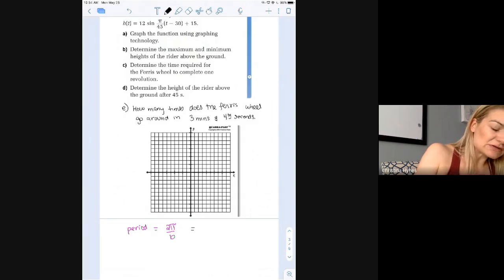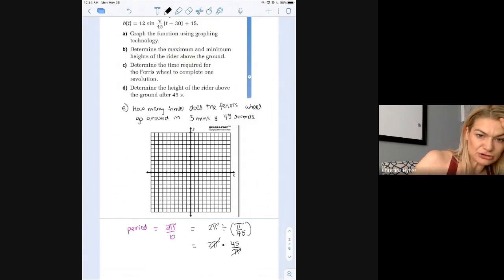Now, the value in front of your x value, or in this case t, is my b. So you're going to go 2 pi divided by pi over 45 in my question. So 2 pi, you're going to multiply by the reciprocal of the second fraction, which is then 45 over pi.